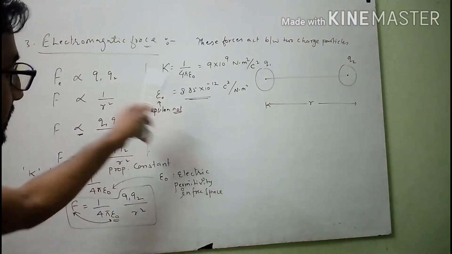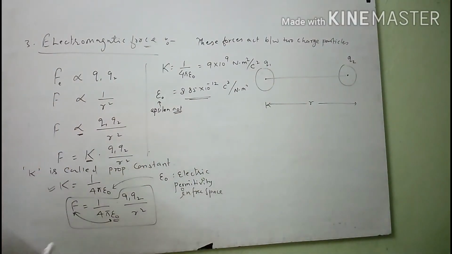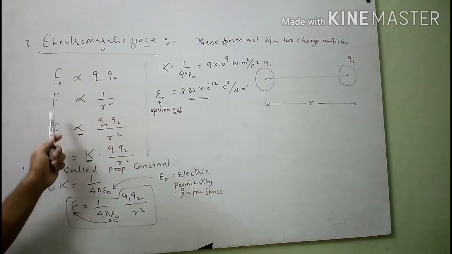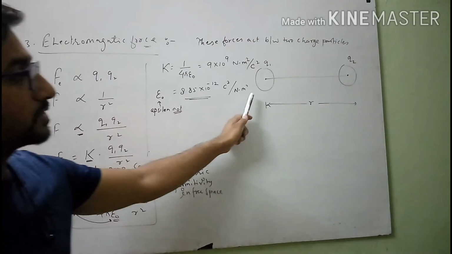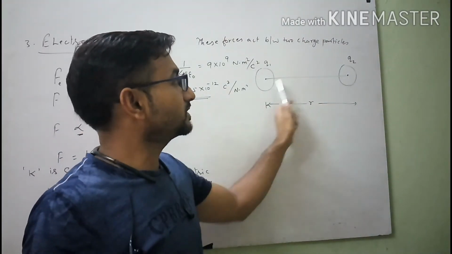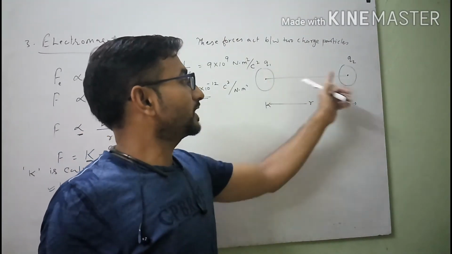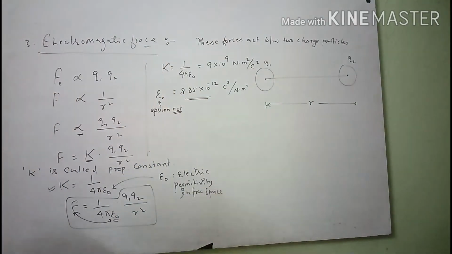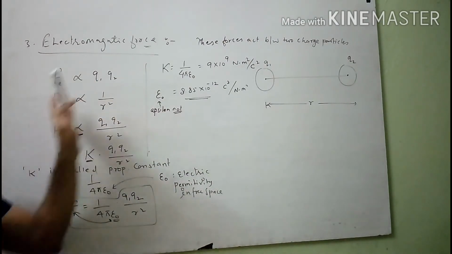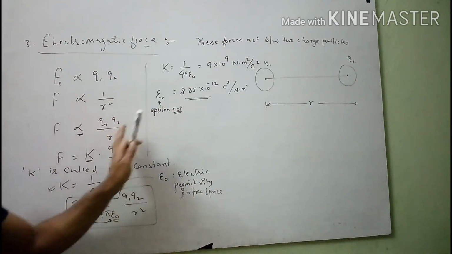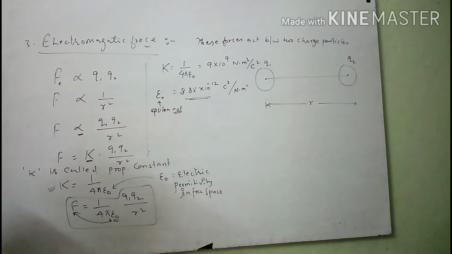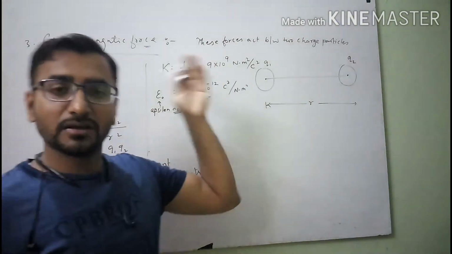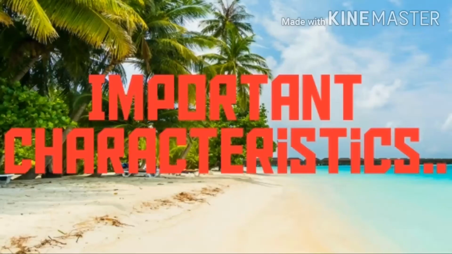So this is the explanation of electromagnetic force, in which we discuss only the force which acts between two charged particles q1 and q2 placed at distance r. After that, I will write some important characteristics about the electromagnetic forces, which are much similar to gravitational forces.